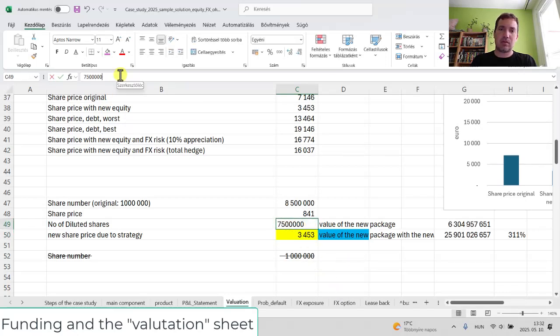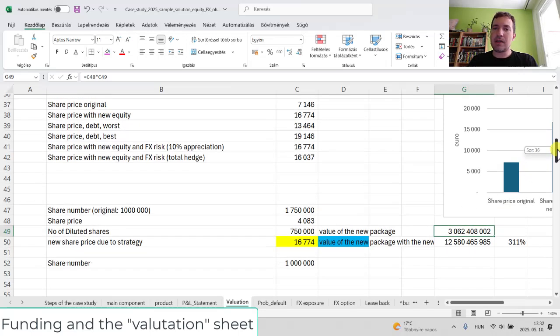Oops, that was a bit too much. So this is the share dilution, because obviously I'm increasing the number of shares, the value will drop, and then we can see that, okay, this is the amount of shares what I should purchase at this value to provide the necessary funding for the company.